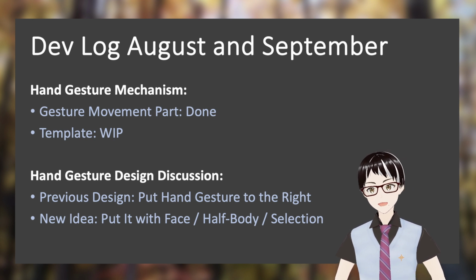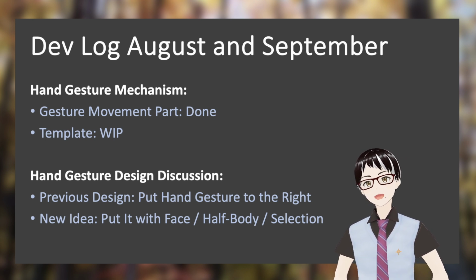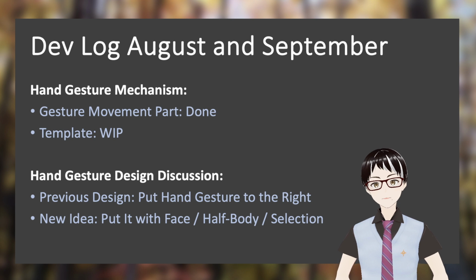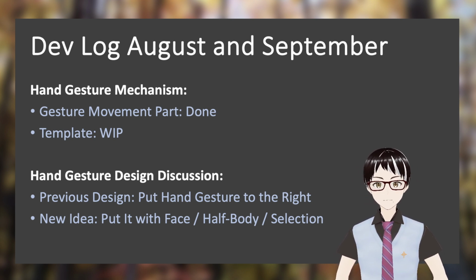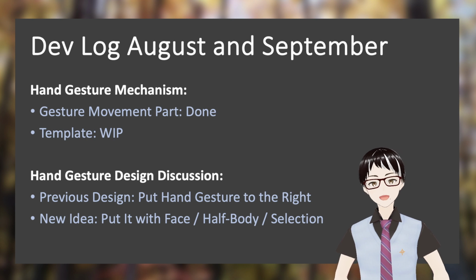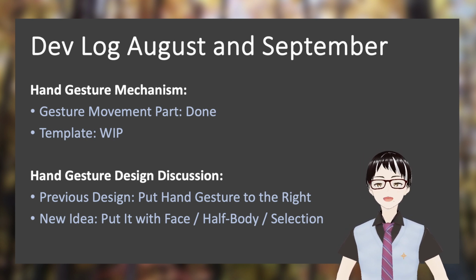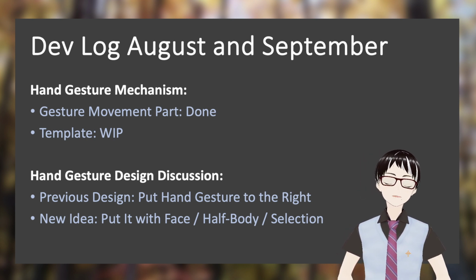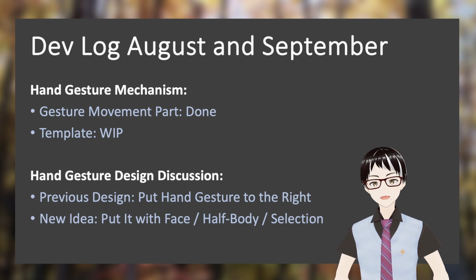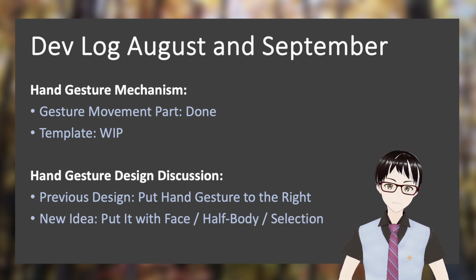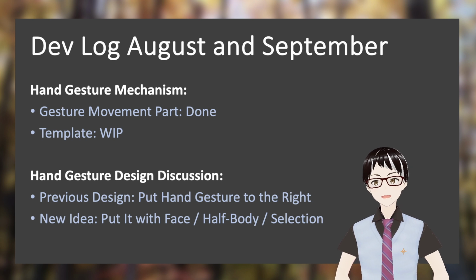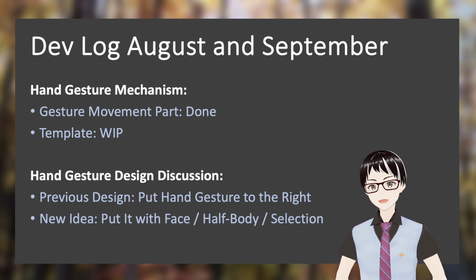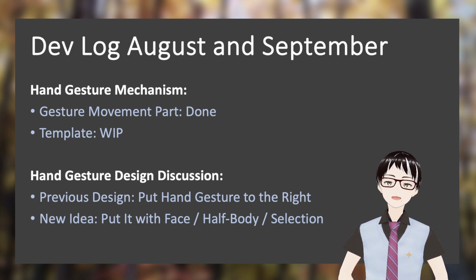The new idea is that currently we are able to select different models, right? There is a button on the left where we can select face only or half body, and in that selection we are selecting different machine learning models. However, the users don't necessarily need to know that they are switching between different models.